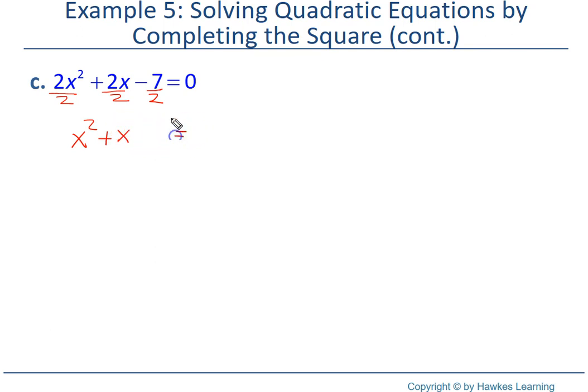And I'm going to take my -7/2 over to this side, where it becomes a +7/2. Once you clear to get an A as 1, you take your C term over to the other side. It changes its sign.